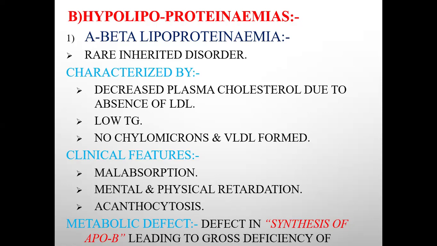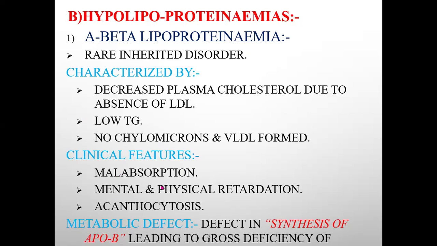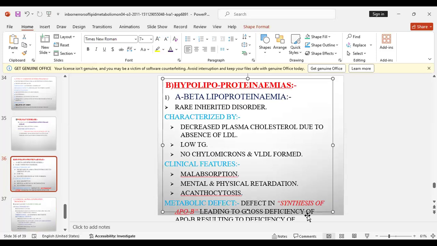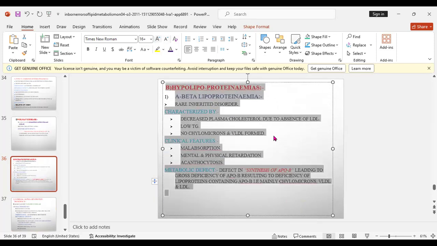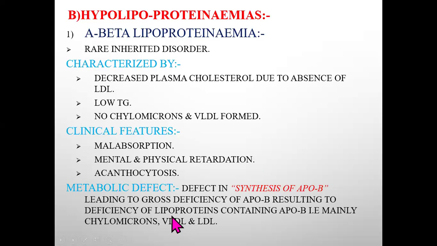The metabolic defect is in the synthesis of ApoB lipoprotein, leading to gross deficiency of ApoB, resulting in deficiency of lipoproteins containing ApoB, that is mainly chylomicrons, VLDL, and LDL.